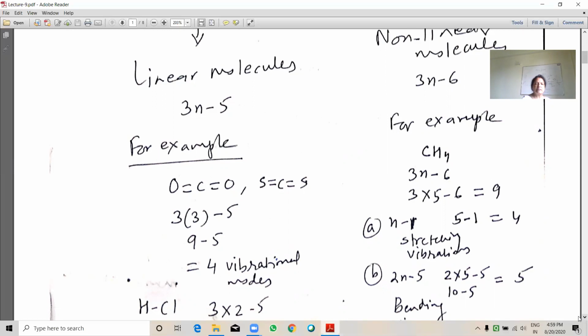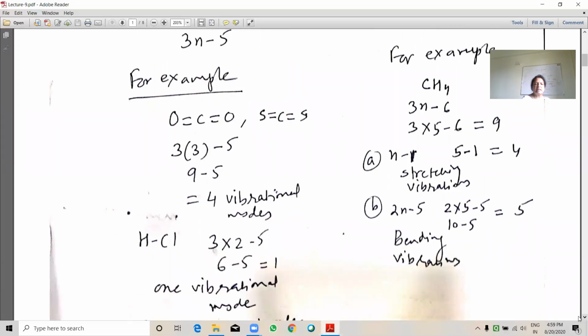Similarly, carbon disulfide also contains 4 vibration modes. In HCl, 2 atoms are there, hydrogen and chlorine. So 3 multiplied by 2, 6 minus 5 is equal to 1. So in HCl, 1 vibration mode.